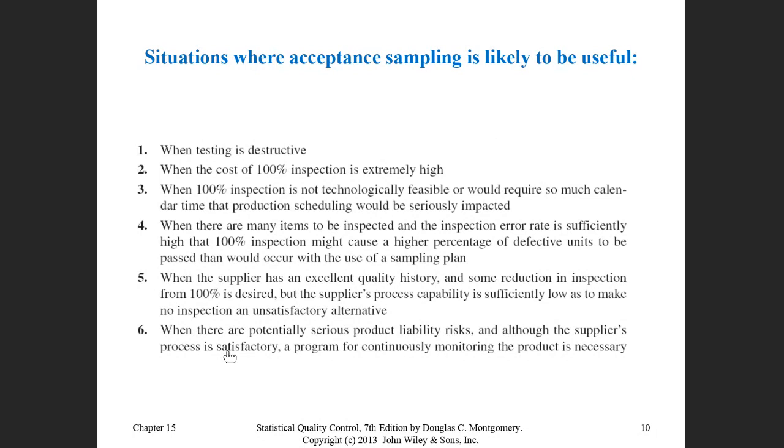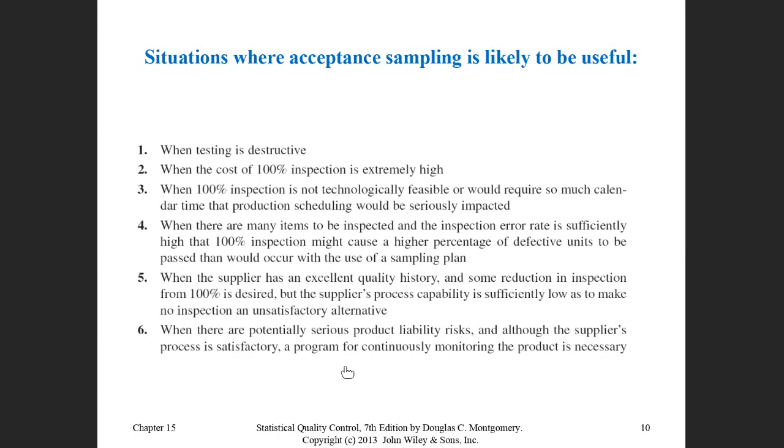The last one is when there is a potentially serious product liability risk, and the supplier's process is satisfactory, and the program is continuously monitoring the product. So if there is a high risk in accepting, like when we talked about some industries, and the supplier process is enough to do the inspection, so they have done part of the job for you, and you can just rely on monitoring your production process, and you can do sampling for the raw material.